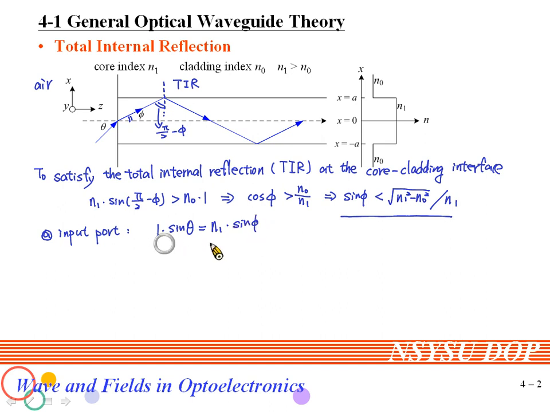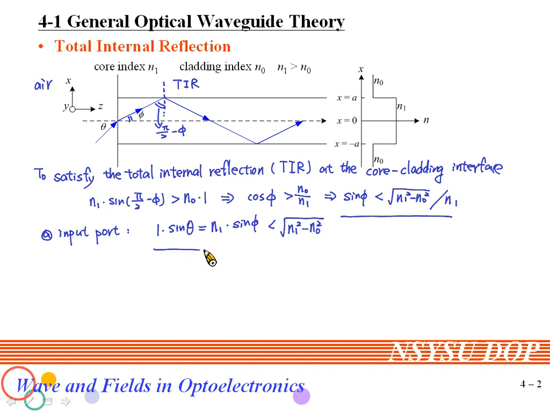This equation comes from Snell's law. To have TIR happen, sine phi should be smaller than this value. So taking this condition into here, you will have sine theta smaller than square root of N1 square minus N0 square.